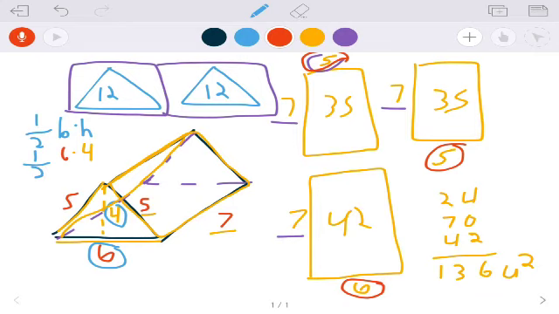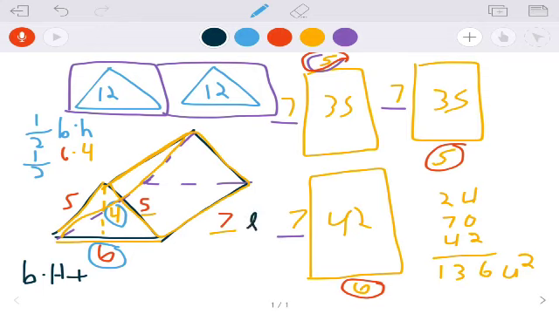Now you can try to write this out as a formula, but it's really going to be pretty messy because it's actually just going to be 1/2 base times height times 2, which is just the base times the height, and then we're going to add, and we're going to call this right here our length, right?